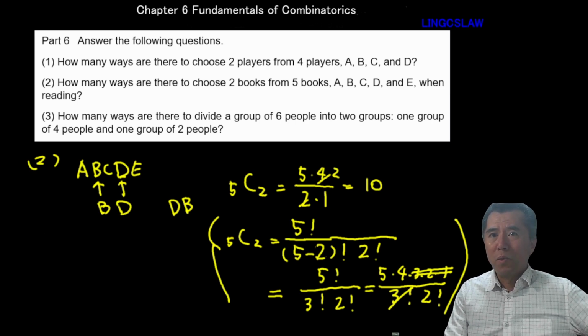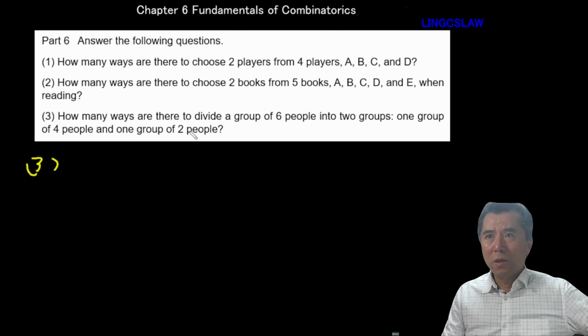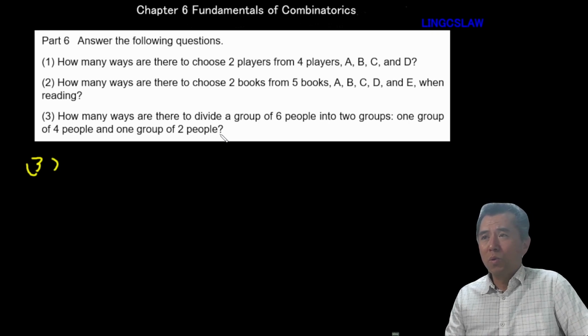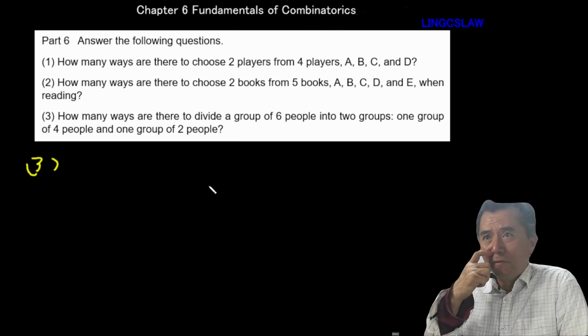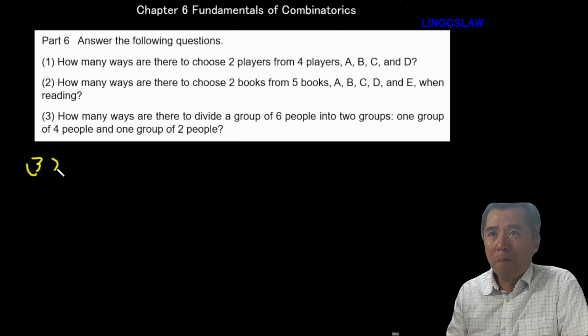Okay, number 3. How many ways are there to divide a group of 6 people into 2 groups? 1 group of 4 people and 1 group of 2 people.